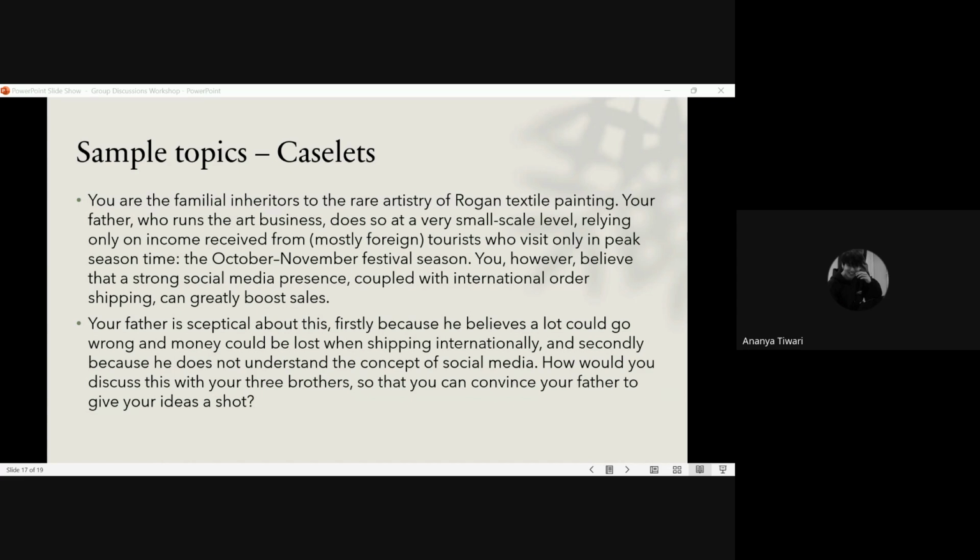Ananya, go on. That their father thinks that money could be lost when shipping internationally. Okay. What do you want to do here?